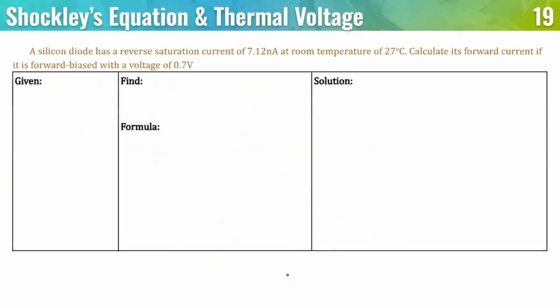So here is another example. A silicon diode has a reverse saturation current of 7.12 nanoamperes at a room temperature of 27 degrees Celsius. Calculate its forward current if it's forward biased with a voltage of 0.7 volts.